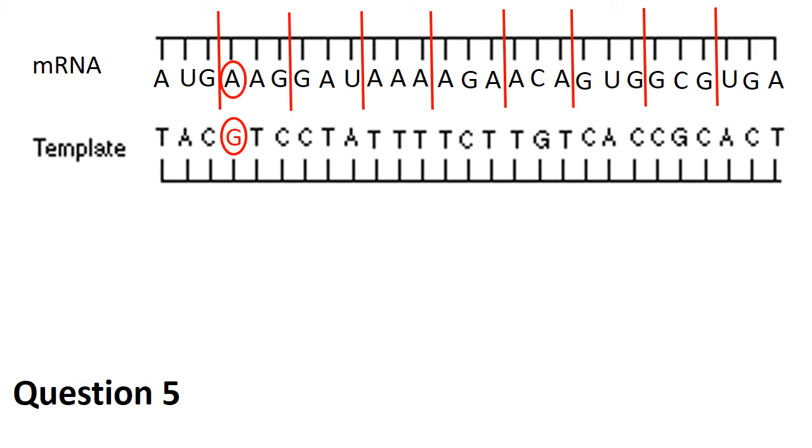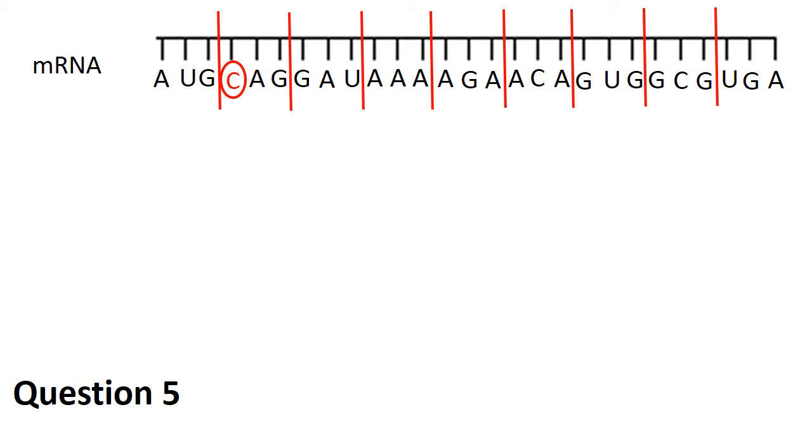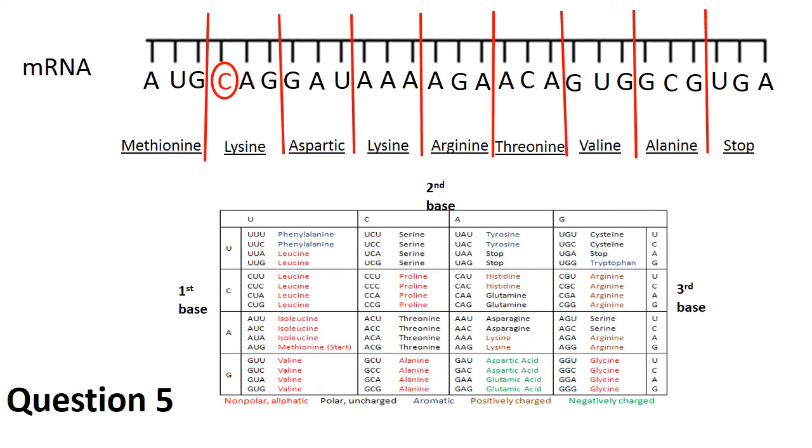That adenine, which used to bond to the thymine, now will be a cytosine, because the cytosine will be put in there to correspond with that guanine. So now this is our new messenger RNA molecule.